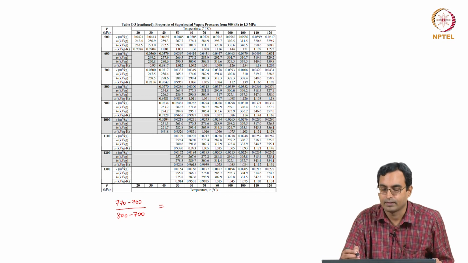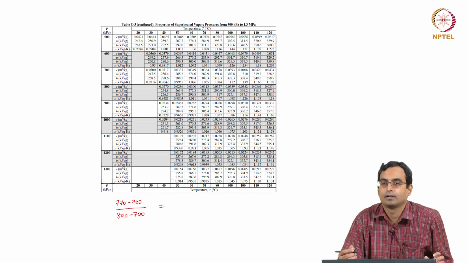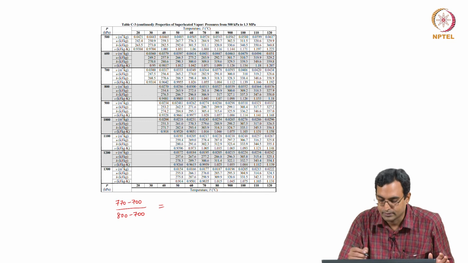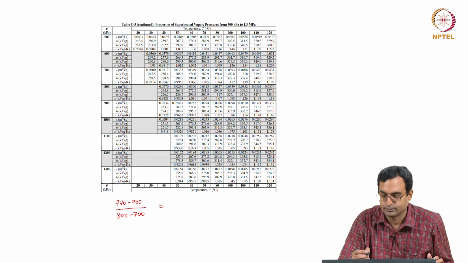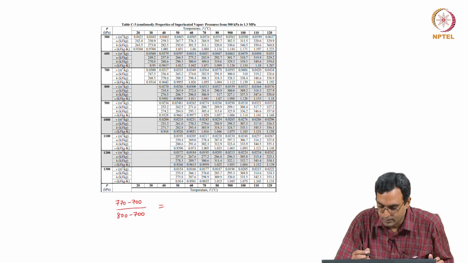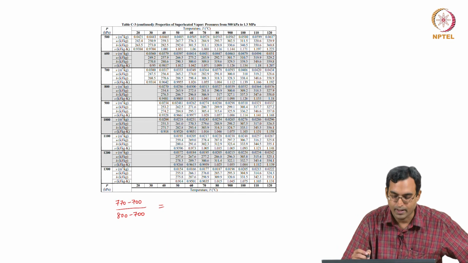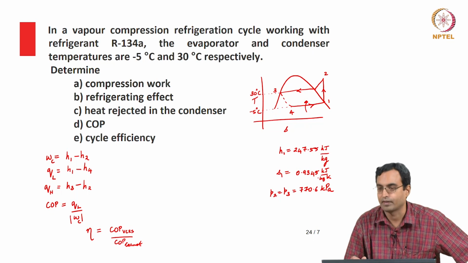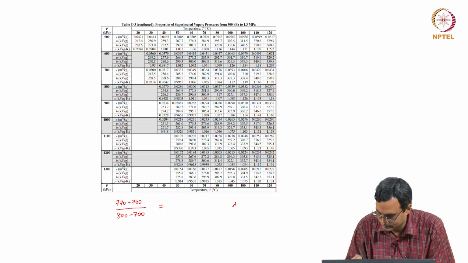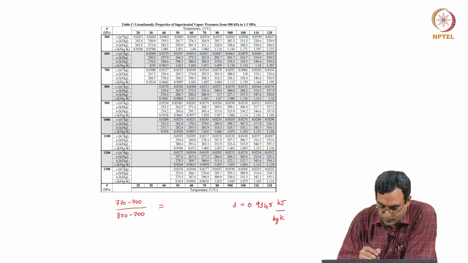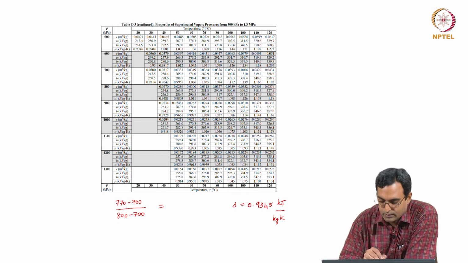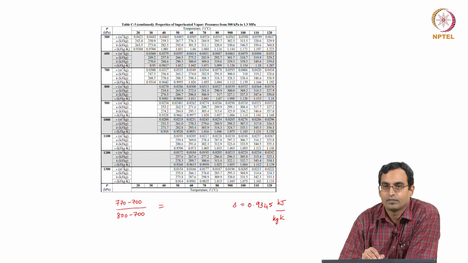I want to find out a temperature at which the entropy value I had earlier is listed here somewhere. So, the entropy value we had is 0.9345 kilojoule per kg Kelvin. If I was to take it as 800 kilopascal, what I see is this value is lower than this. So, this is not a useful table for me.